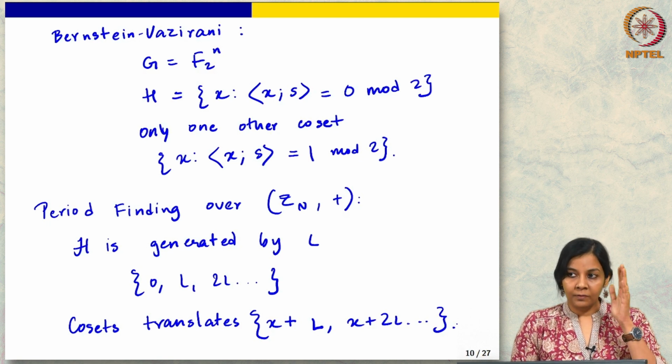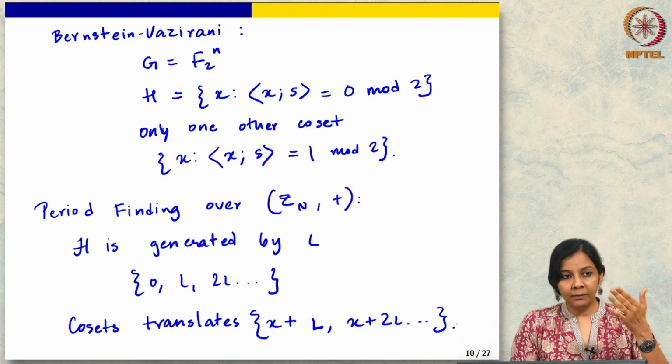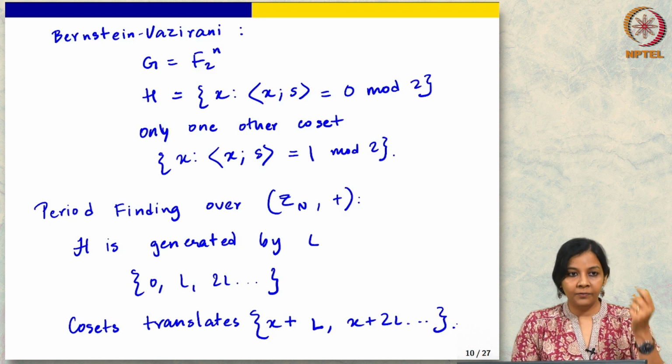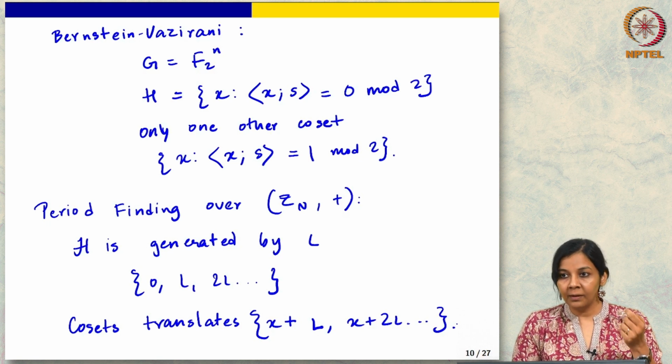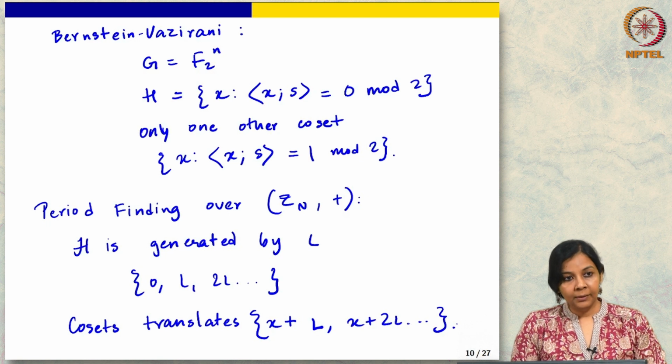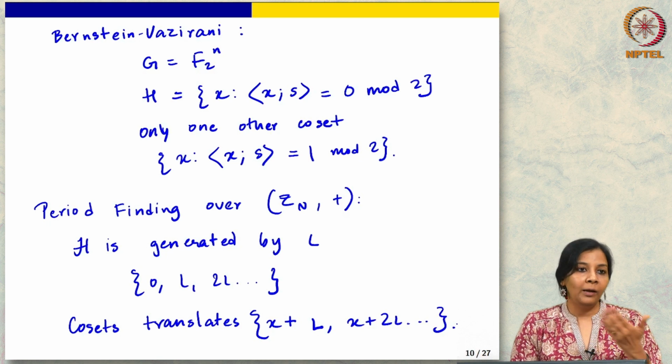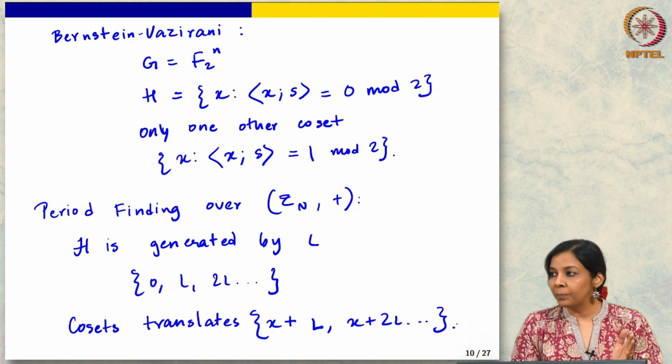When I apply the function, I do not just get one color, I get many colors, and then when I measure, I get one random color in the second register. At this point, I will apply the QFT, and then I will measure and look for clues. When I measure repeatedly, I get some bunch of things, and using those clues, I am trying to recover this hidden subgroup, this H.